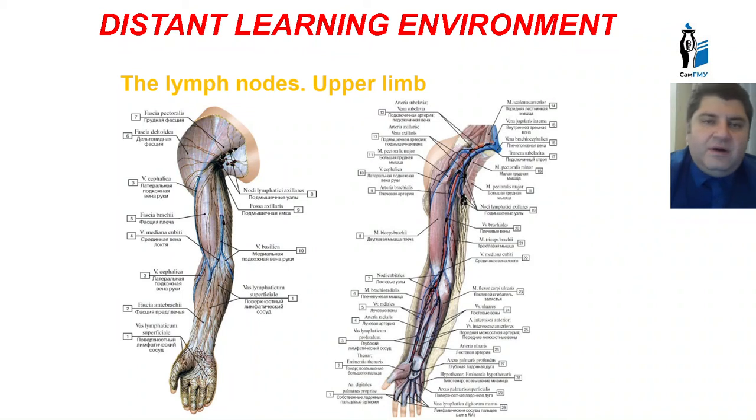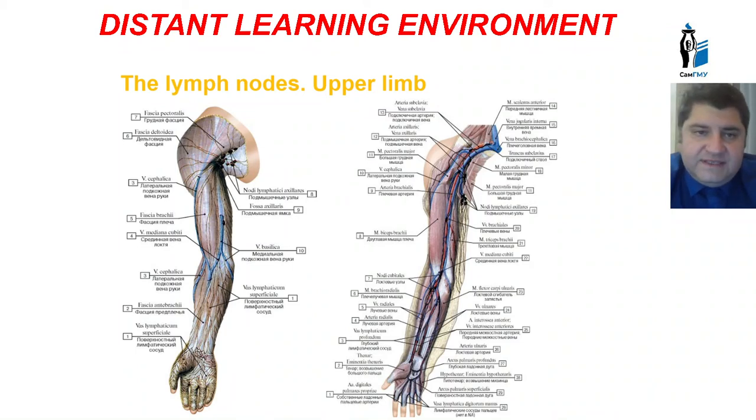Next, let's talk about lymphatic nodes of the upper limb, and you may see these lymphatic vessels here. This lymph passes into maybe one or two nodes of the cubital fossa, maybe the medial brachial node, and lymph from the upper limb and the girdle of the upper limb passes into the axillary lymphatic nodes.